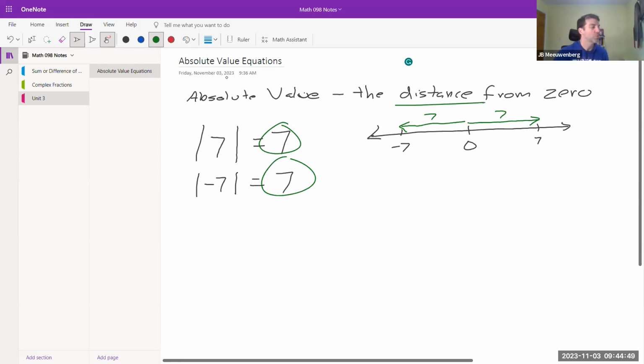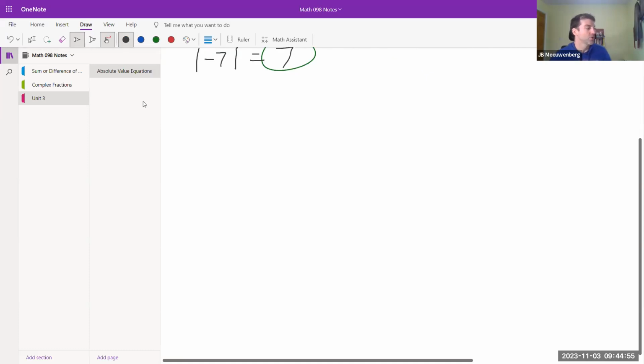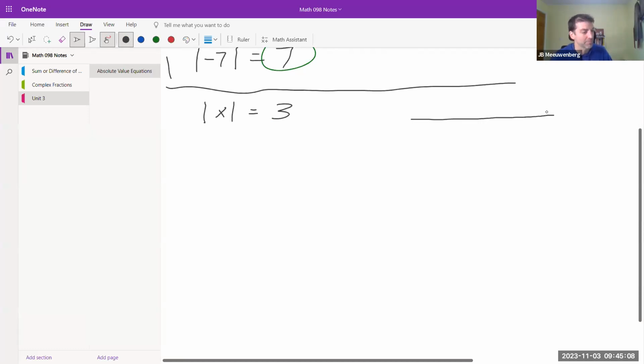Okay, so what happens when we start to put variables into an absolute value? You might be asked something fairly simple looking that looks like this. The absolute value of x is equal to 3. So what that really means is, if you're looking at a number line and you put 0 here, it's saying what number here has an absolute value of 3?